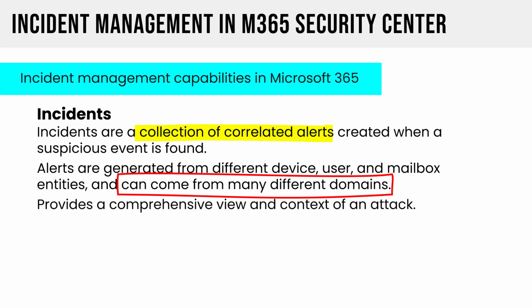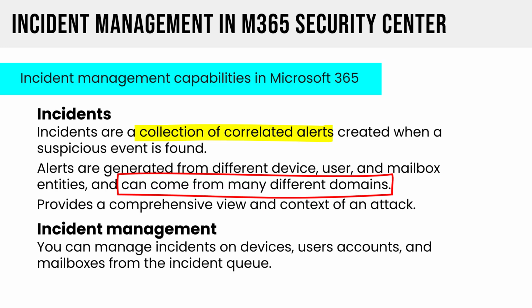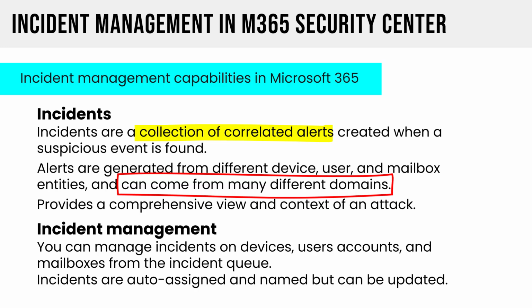And the incident provides a comprehensive view and context of an attack. So it's giving us a full view across those silos, as we talked about previously. And your incident management queue allows you to manage all of your incidents in one place, regardless of the entity type that you're working with, in the Microsoft 365 context. And your incidents are auto-assigned and named. They can be updated, though.